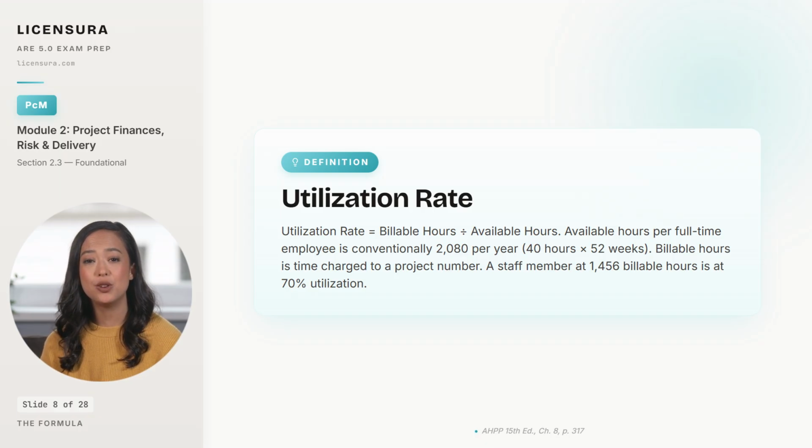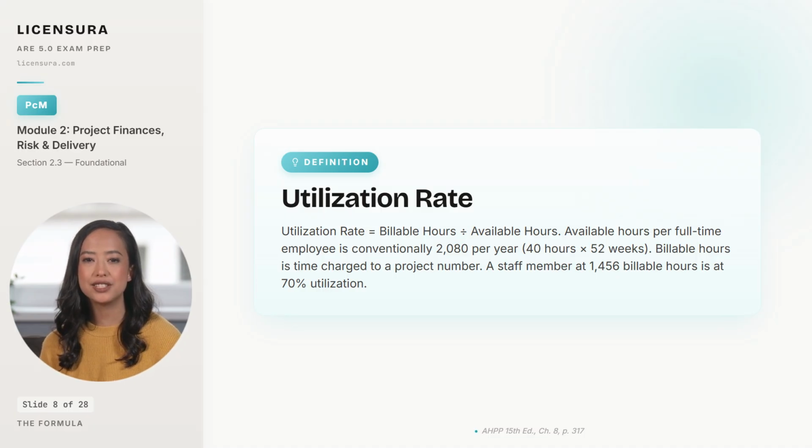So a staff member who logs 1,456 billable hours in a year is at 70% utilization. 70% of their available time generated revenue, and the other 30% did not.